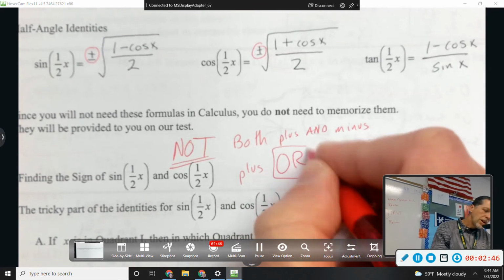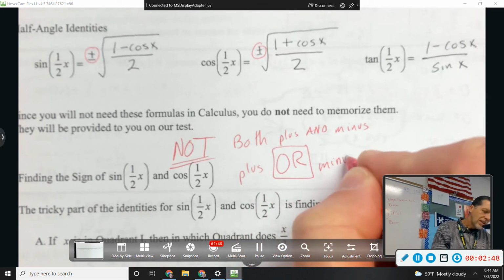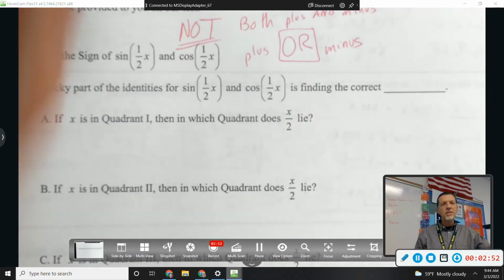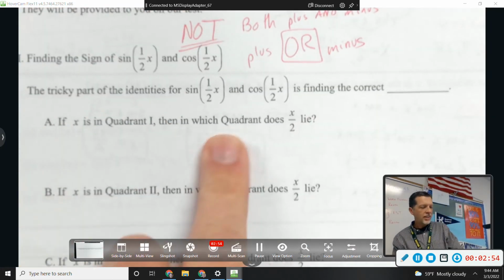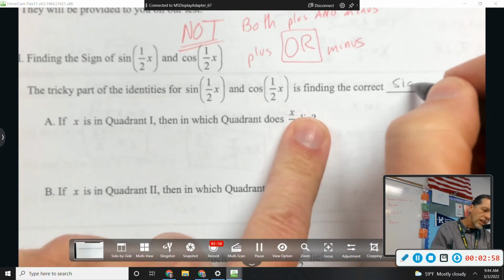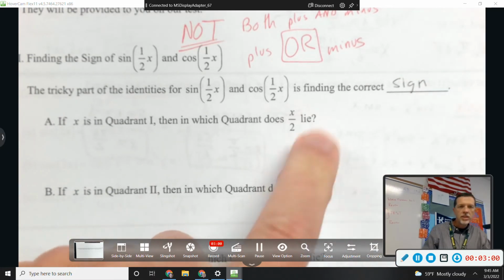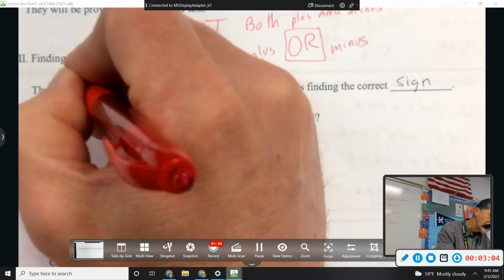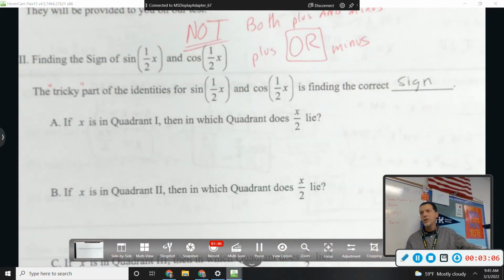It is plus or minus. And so the tricky part of the identities is finding the correct sign. I would put tricky in quotes because it's really not tricky. It's tricky that you remember to think about it. The formula sheet just says plus or minus.